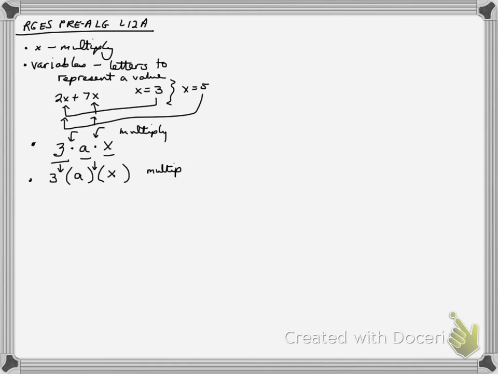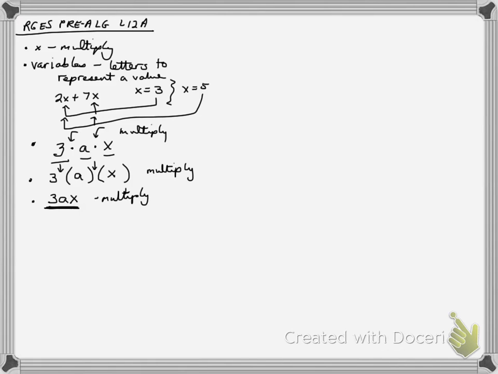And then finally, if there are letters next to each other, we don't even need that. We could just take the number and write the letters right next to it. And that also means 3 times a times x. So 3 ideas: a raised dot, parentheses, or written just next to each other like that.